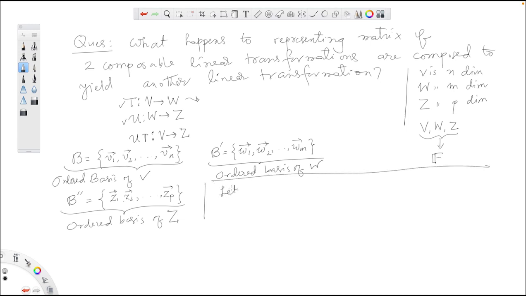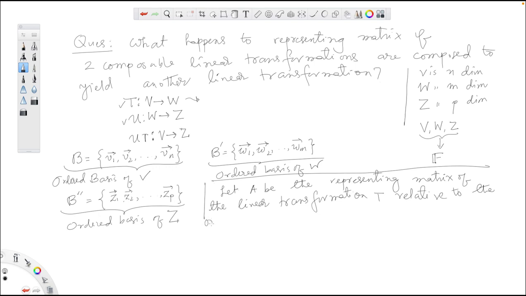Let A be the representing matrix of the linear transformation T relative to the ordered basis calligraphic B and B prime.